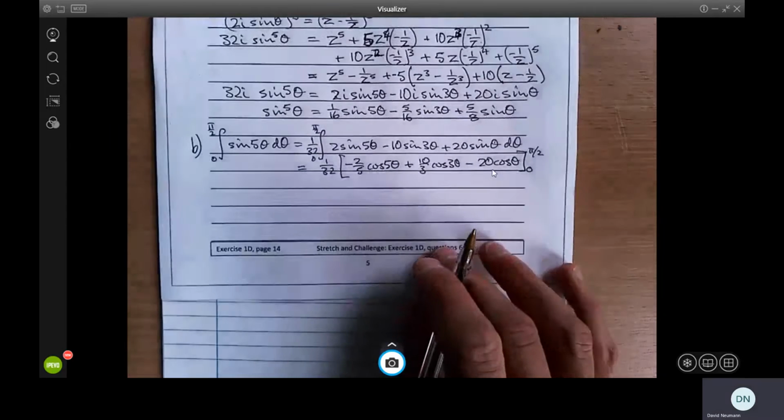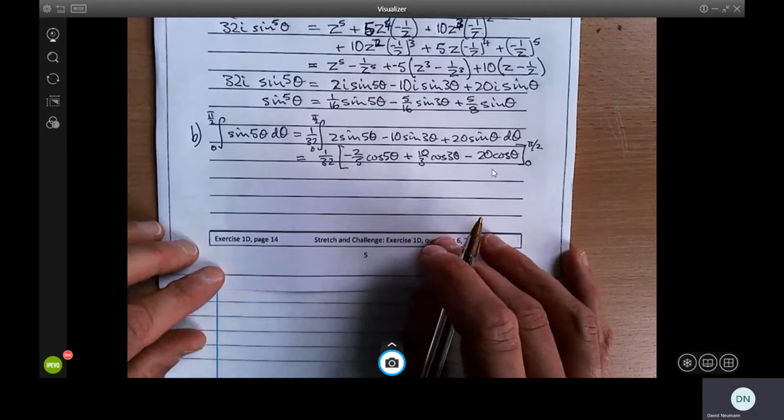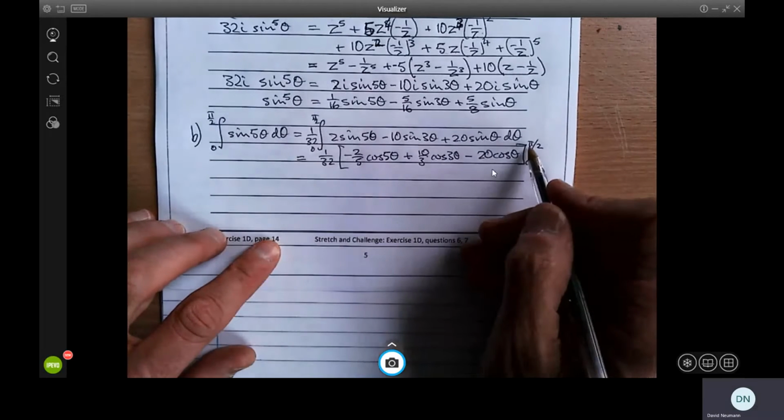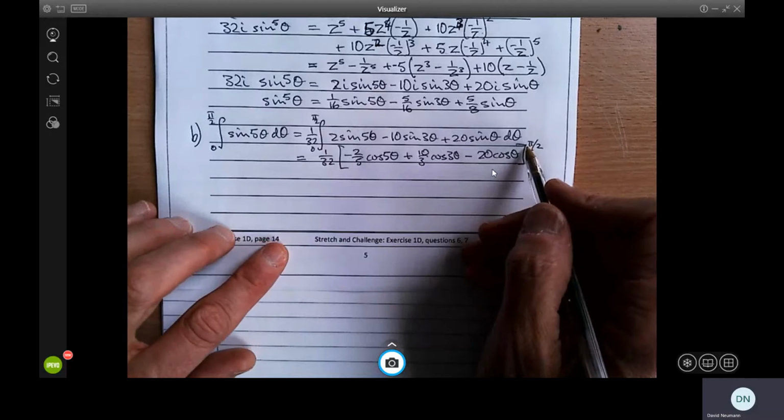We're now going to substitute these values in.